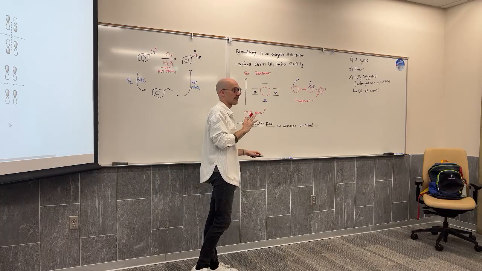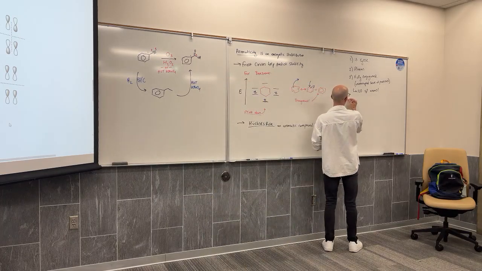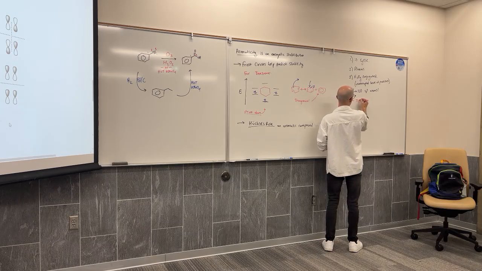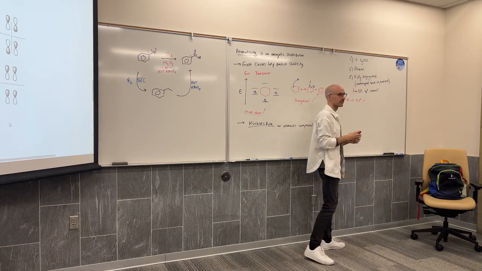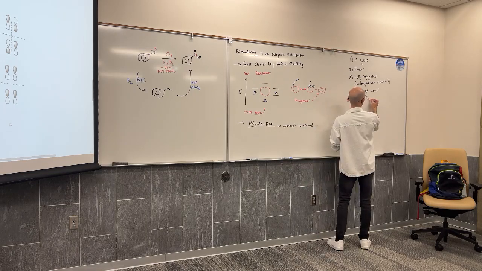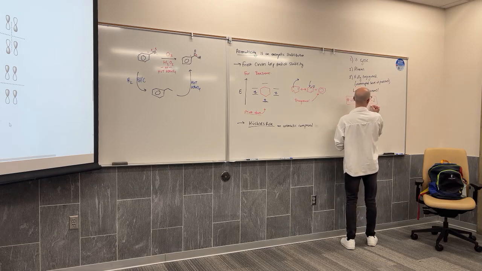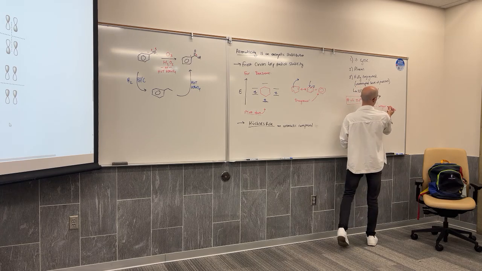Huckel's rule also has a last part, which is that the number of pi electrons must solve this equation, 4n plus 2, where n is a whole number integer.